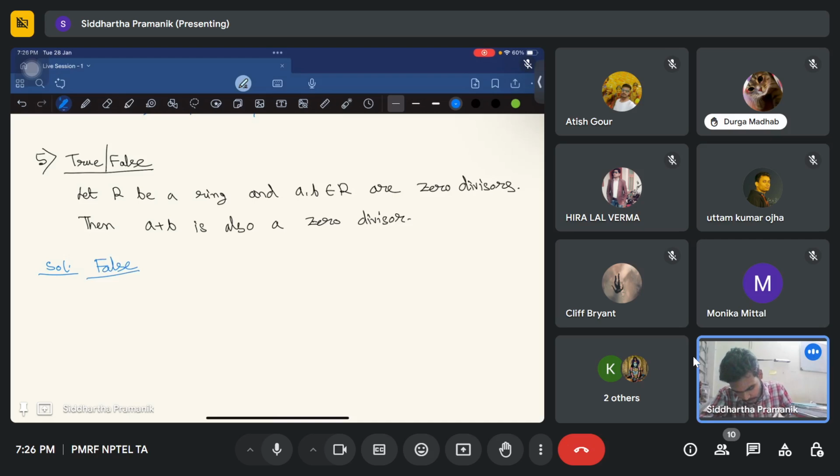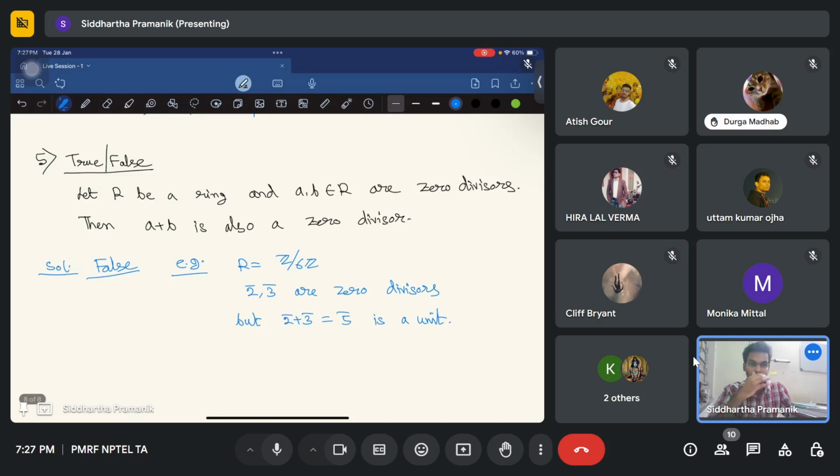So as he is saying, you can take the example of the ring Z mod 6Z, and you can take the elements 2 and 3. These are zero divisors, but 2 bar plus 3 bar, which is 5 bar, is actually a unit, so it cannot be a zero divisor.